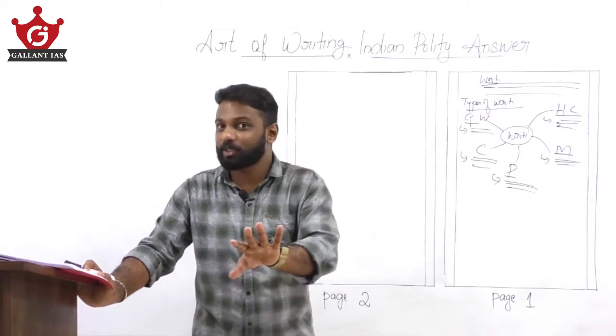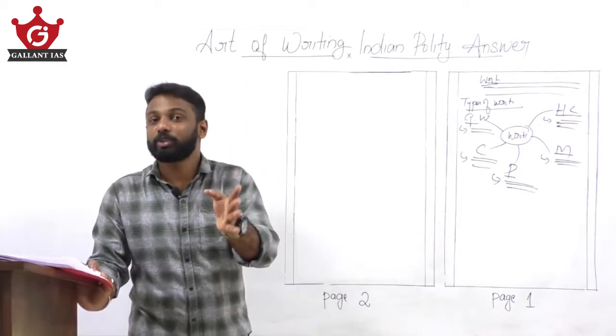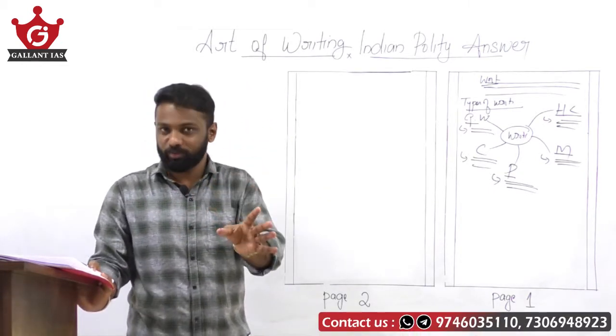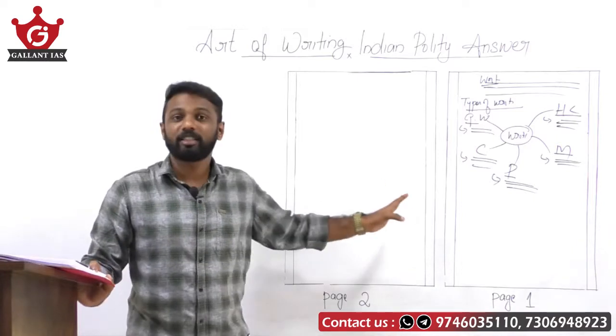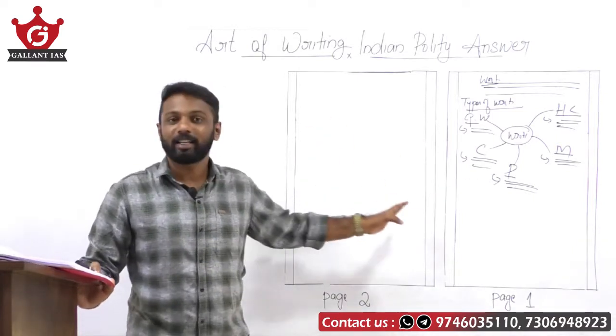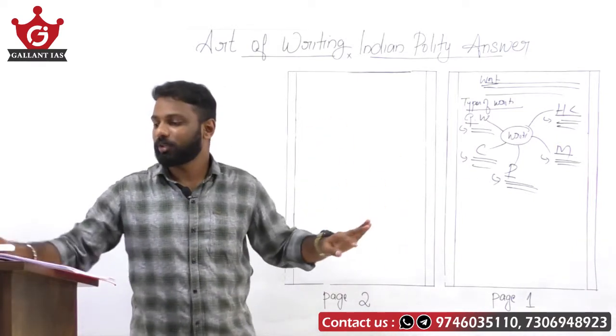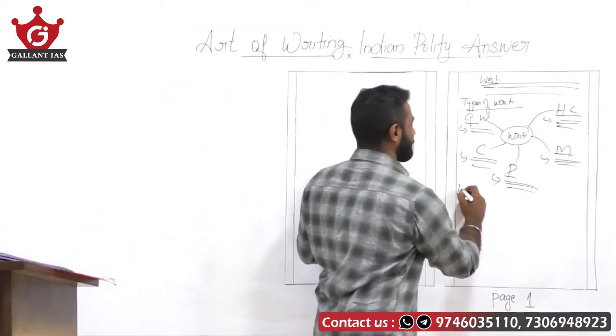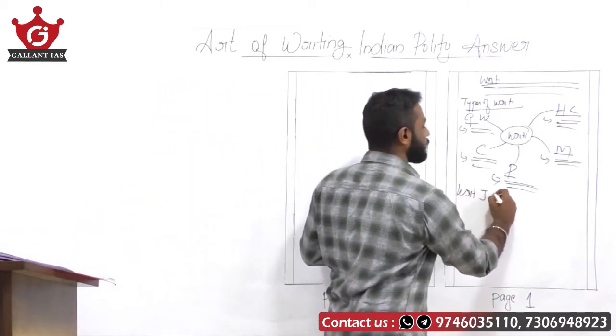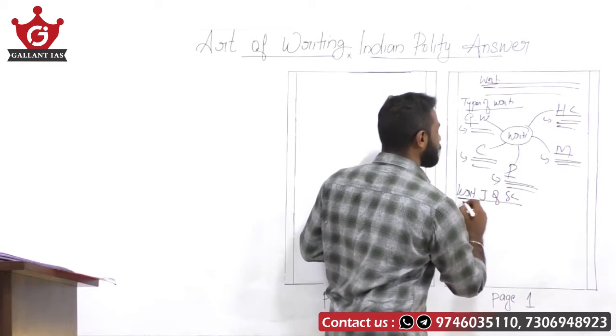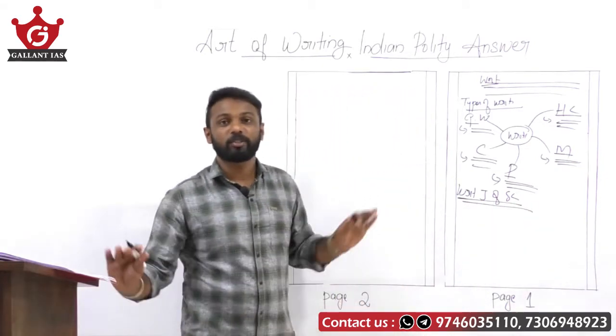Okay, again come back to the question: is the High Court's power to issue writs wider than that of the Supreme Court of India? So you must know what the writ jurisdiction of the Supreme Court is as well as the writ jurisdiction of the High Court. So make a separate subheading, writ jurisdiction of Supreme Court. Write a few points regarding it.